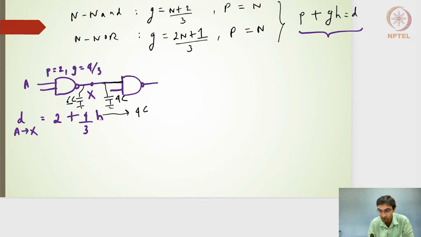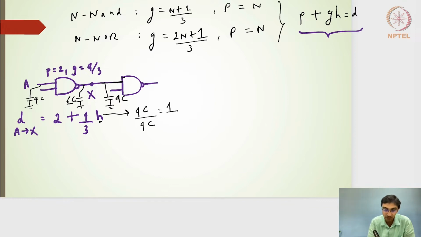So 6C is not involved in estimating H, because the electrical effort or fan-out considers only what is loaded, the external load capacitance coming from the next stage, the input capacitance, divided by its own input capacitance. Its own input capacitance is nothing but 4C, because it's a NAND gate only. So I will have 4C divided by 4C, which is nothing but 1.